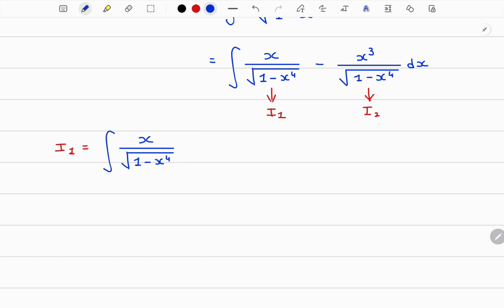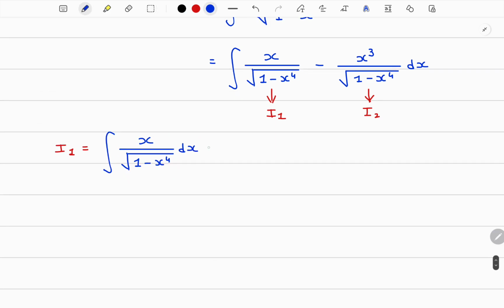in I1 we are going to take x square equal to t. So what we get, 2x dx equal to dt, right?